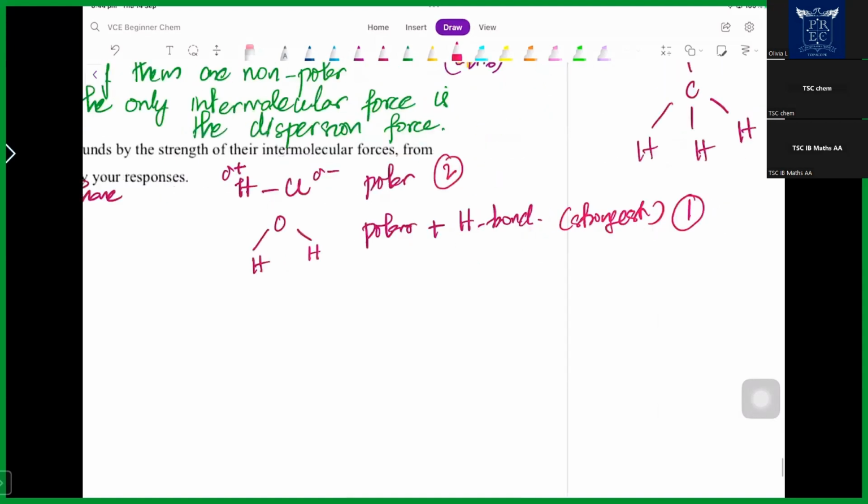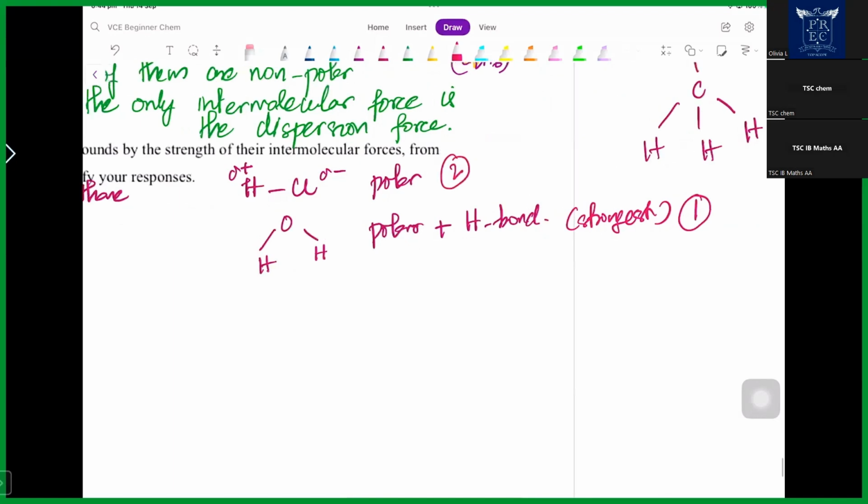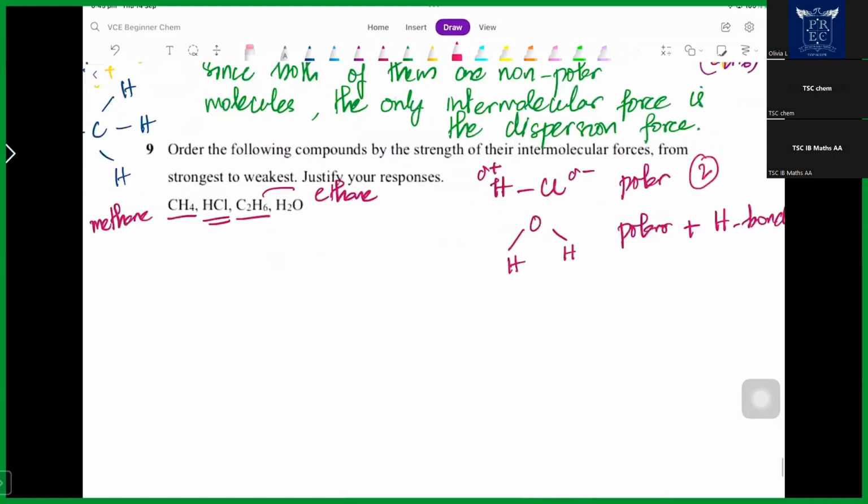Okay, now it comes to the third part. So I'm going to write down that H2O will be the strongest because it has a hydrogen bond. Afterwards, this is number one.